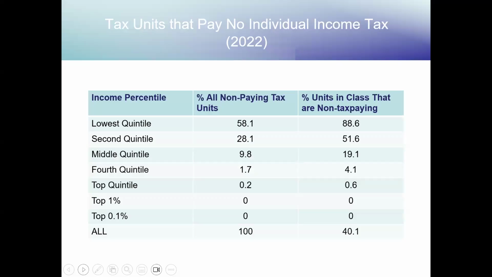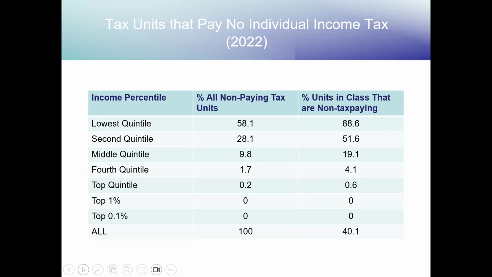Now, there are a substantial number of people in the United States that don't pay any taxes. And if we take a look at that, about 40% of all American households end up not paying any taxes, right?